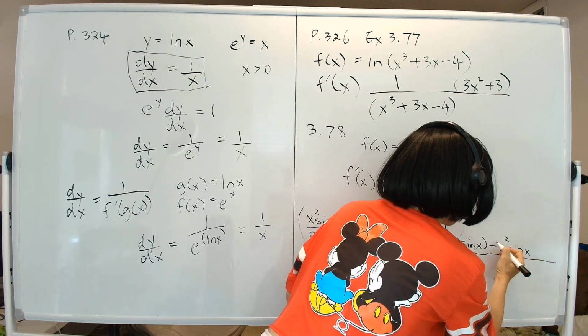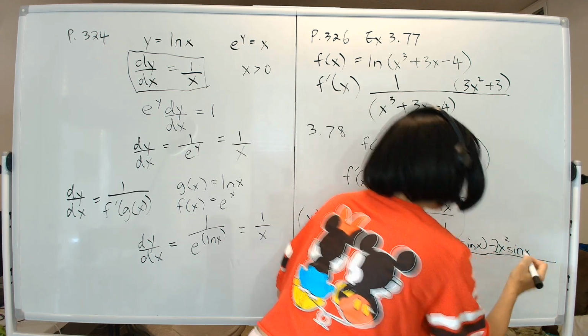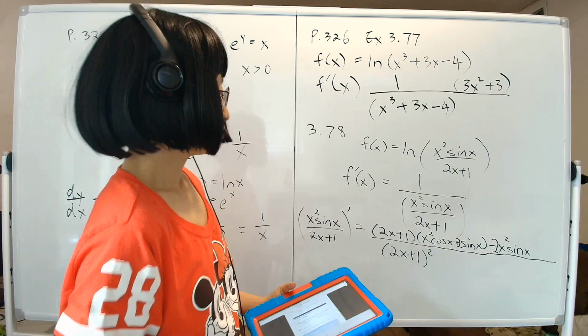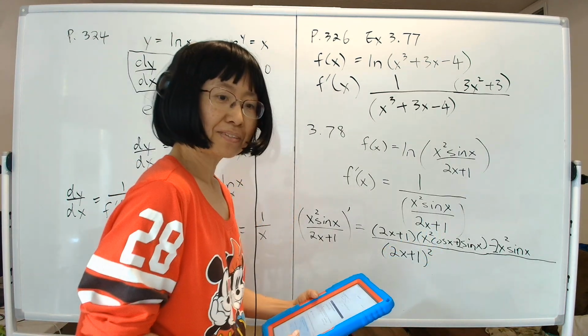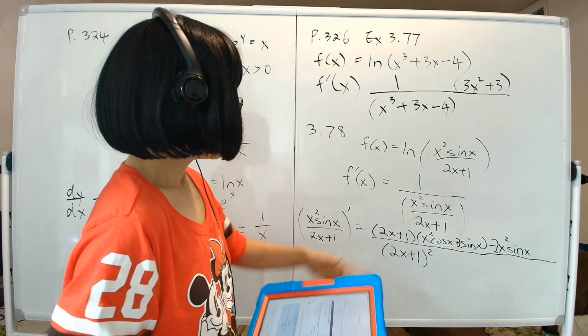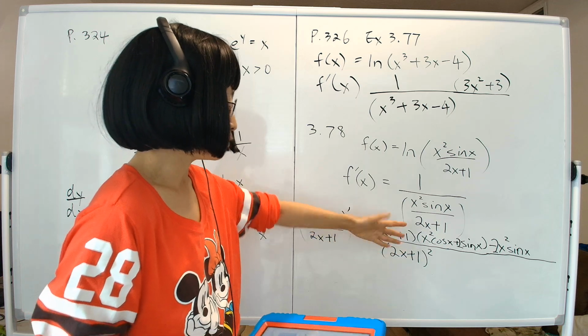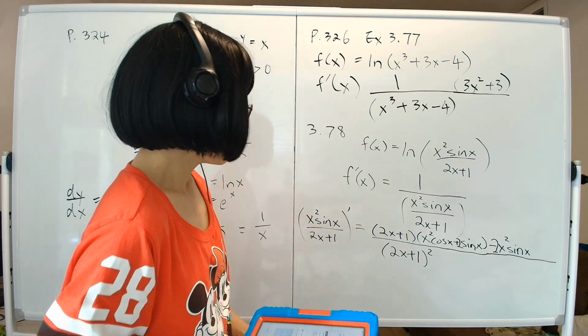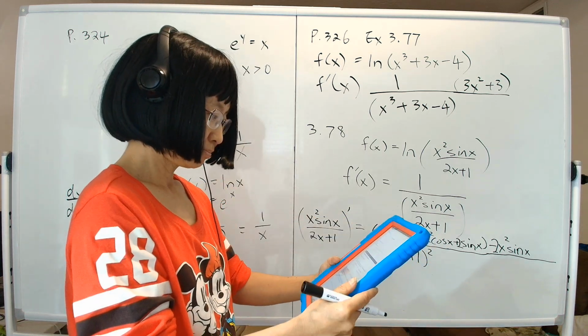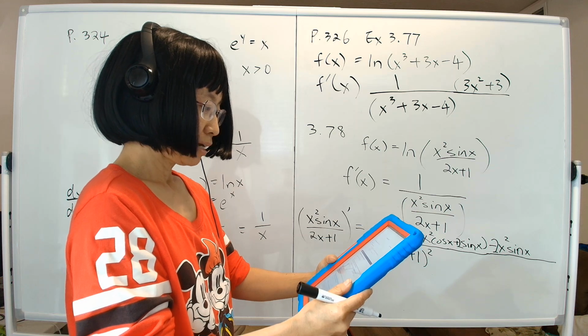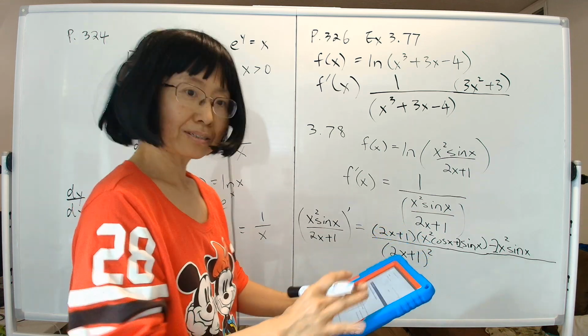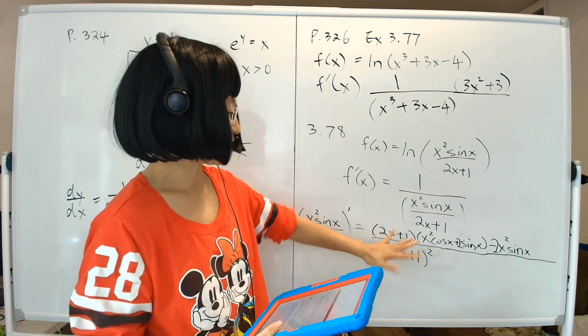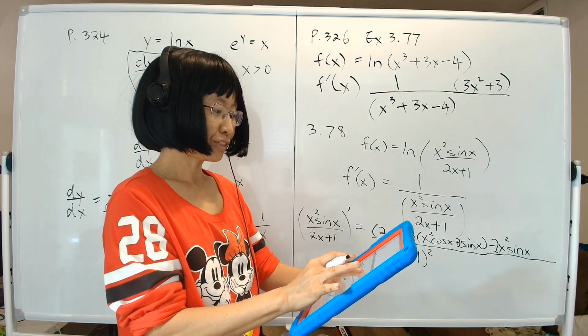And I will write down the 2 right here. All right, so there's that. And now we have a big expression, and f prime of x means you have to flip this thing over, and maybe clean it up a little. And I will skip the cleaning up part and let you do that. But that should be correct.